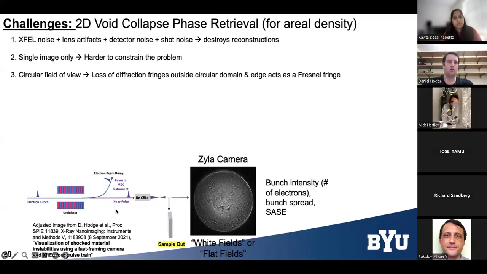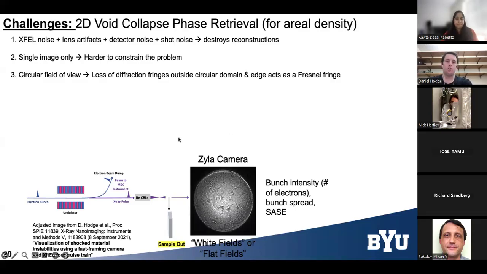Another issue is a circular field of view. So we lose all these diffraction fringes that are outside this region, and that's because of this compound refractive lens. There's this aperture at the end here that's basically excluding all of this extra information that would help with the phase retrieval or obtaining the areal density.